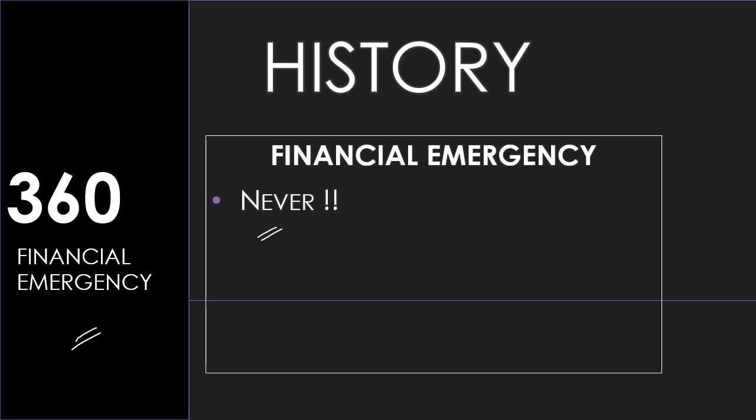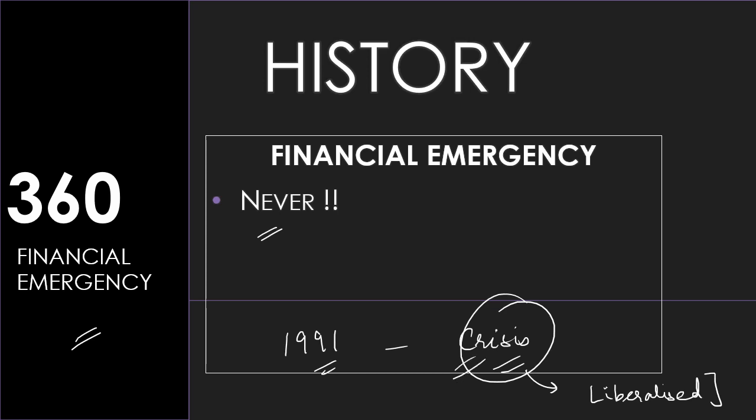It's important to note that in the year 1991, India did suffer an economic and financial crisis. However, at that point, India opened up its market and adopted a liberalized economy, and that helped revive India's economy, and therefore there was no need for a financial emergency to be declared.